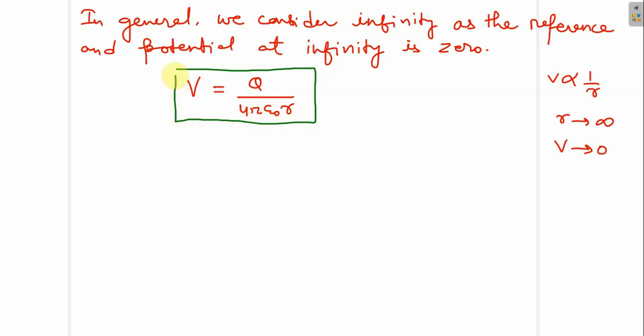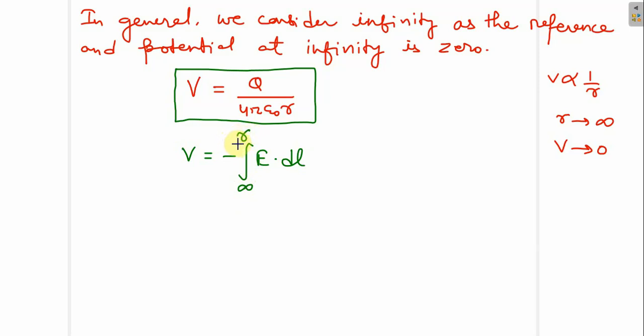Also V can be represented as the negative line integral of the electric field intensity, from infinity to r, because the other point is at infinity and you have to integrate up to r.